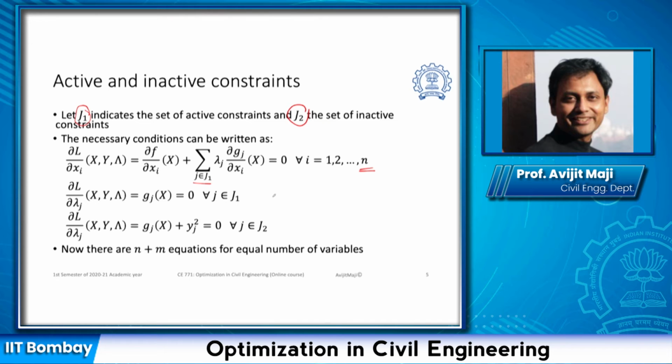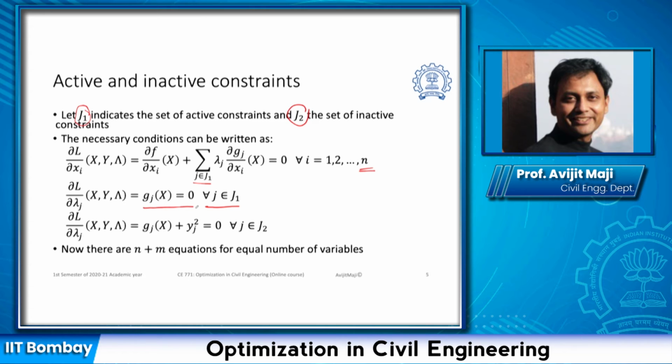Now, when we look into the second necessary condition, we can easily say for the active constraints my y values are 0, so we can clearly write the second necessary condition as gj is equal to 0, because y has already become 0 as these were the active constraints.